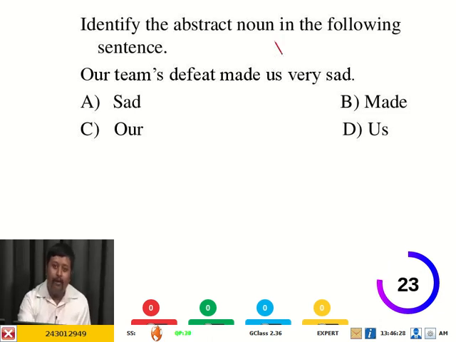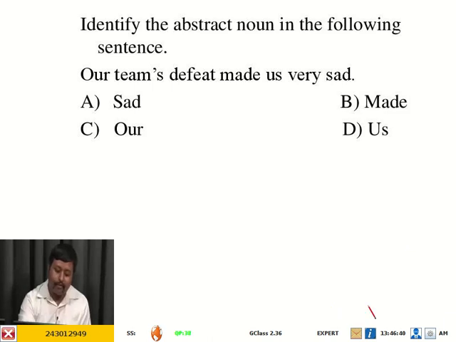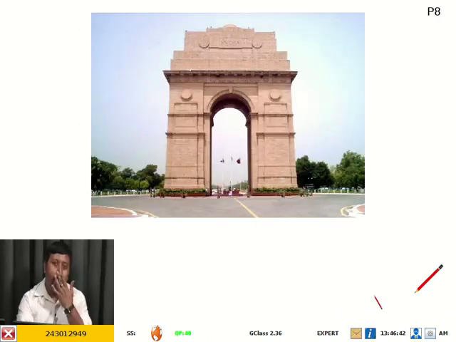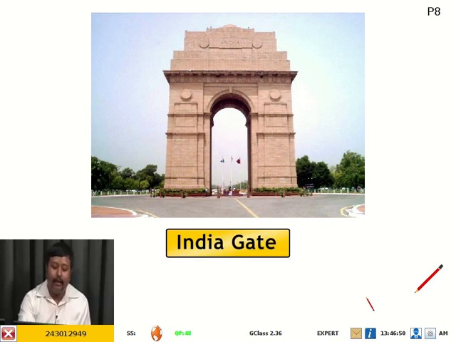Tell me your answer now. Very good. That is option A, sad. Now what is that? It is India Gate. Now what is India Gate? It's a name of an object. It is a structure, a monument. It's the name of that.